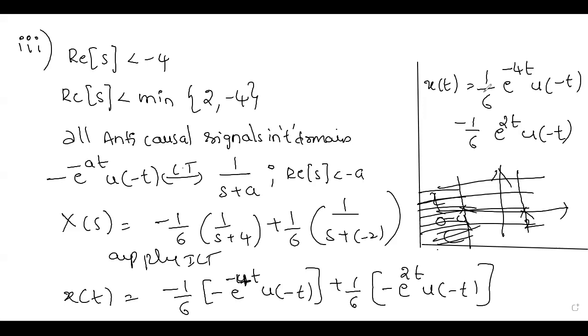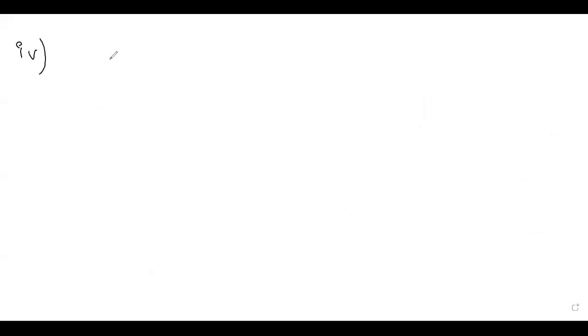Next step. What is the last case given? In between two poles we have completed. Greater than maximum pole, less than minimum pole also we have completed. And the last one is the fourth one. See here, 2 is less than real part of S is less than minus 4.